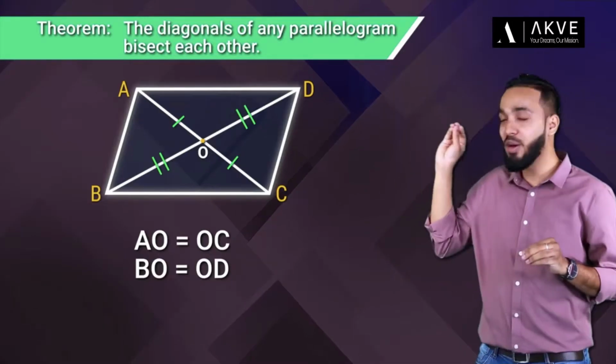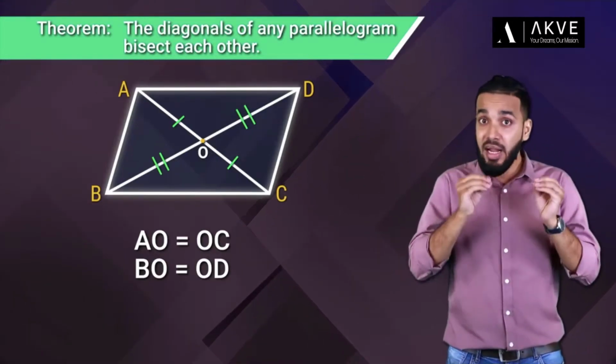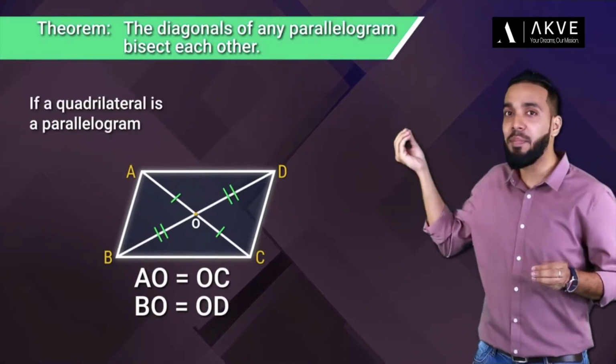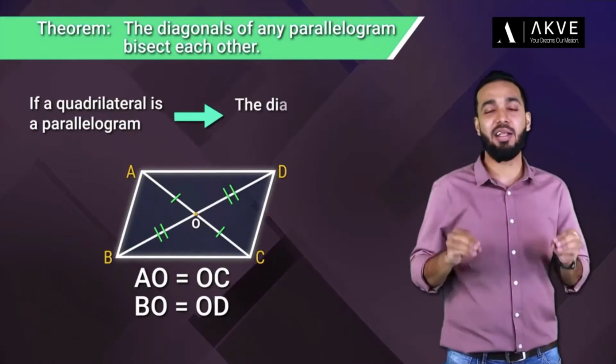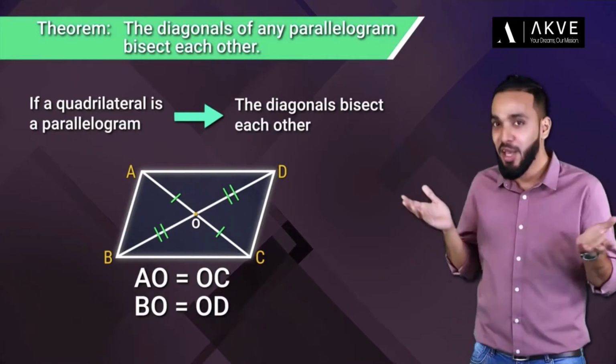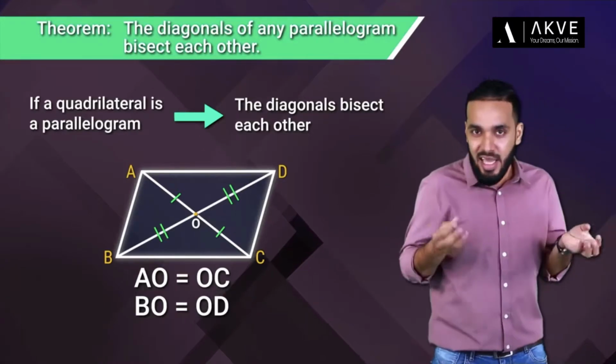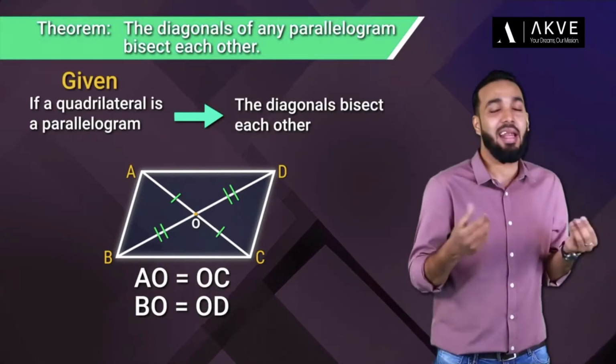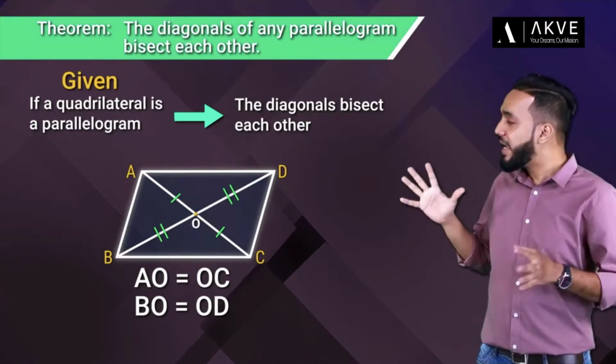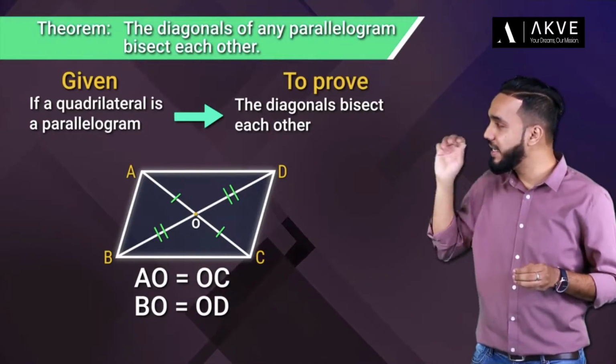So, this theorem basically tells us that if a quadrilateral is a parallelogram, the diagonals bisect each other. Here, the given part is that the quadrilateral is a parallelogram, and naturally, the proved part is that the diagonals bisect each other.